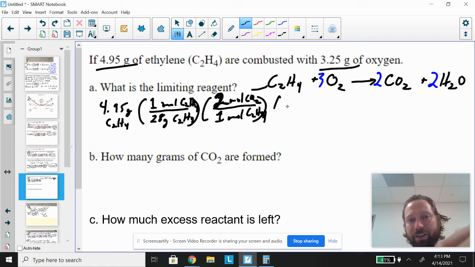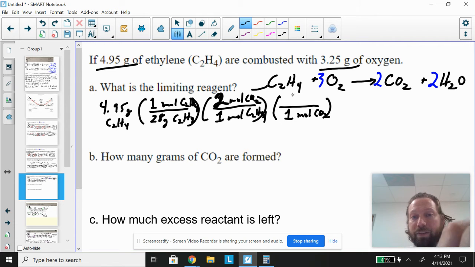And finally, to figure out how many grams per mole of CO2, carbon is 12 and oxygen is 16, and there are 2 of them, so that would be 44 grams of CO2. I want to double check all my units.